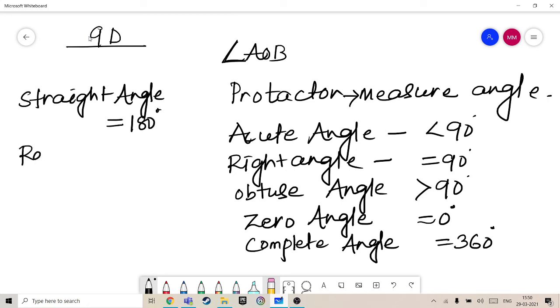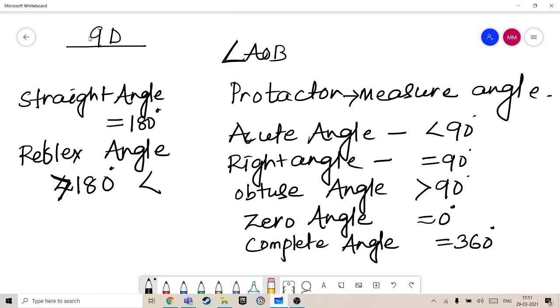And reflex angle, reflex. If the angle is more than 180 degree and less than 360 degree, that angle is reflex angle.